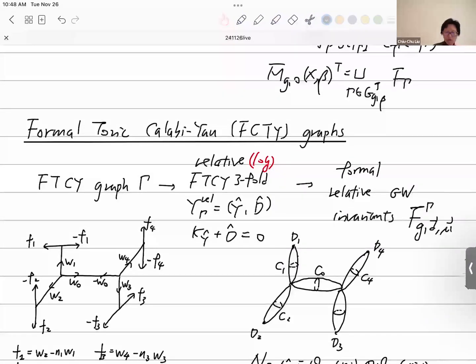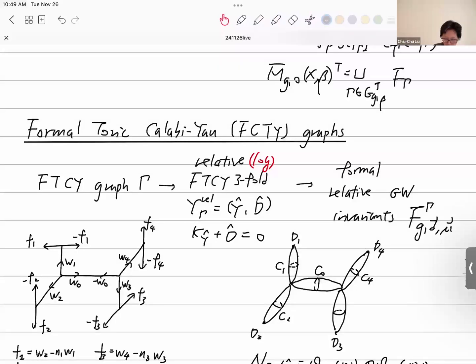But what we are going to construct is some formal toric Calabi-Yau threefold, so it's a three-dimensional thing. So when we compactify the C with a P1, we need to specify the normal bundle, and we want it to be log Calabi-Yau. This D1 in the picture is a point, but you should think of it as a copy of C2 where we take the formal neighborhood of the origin.